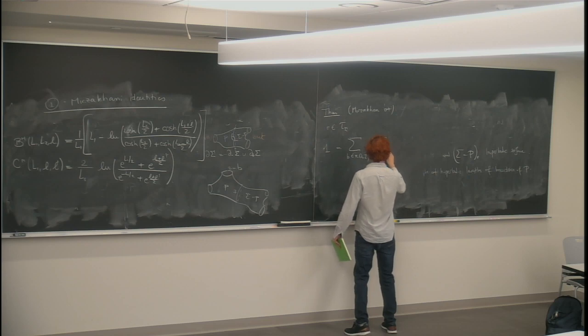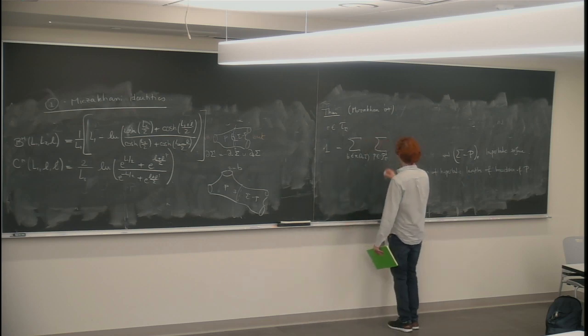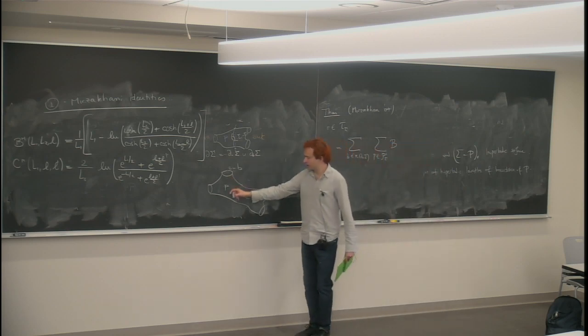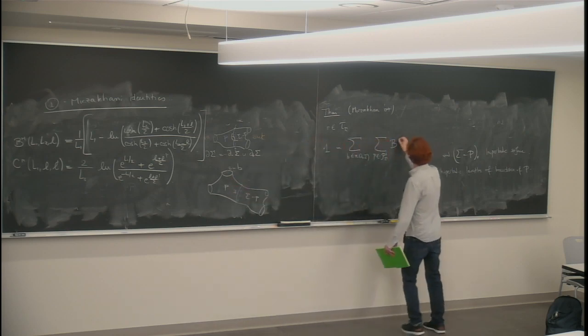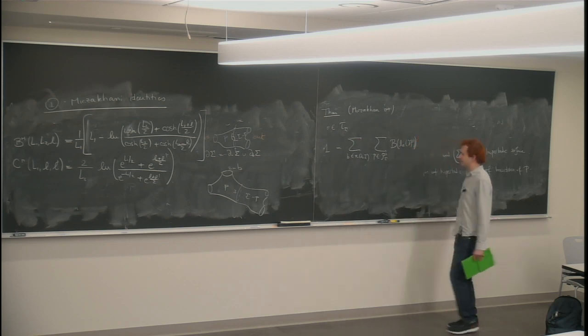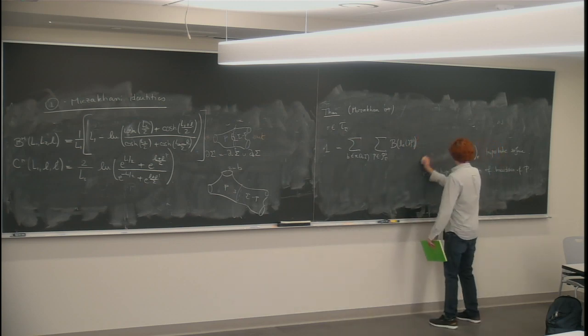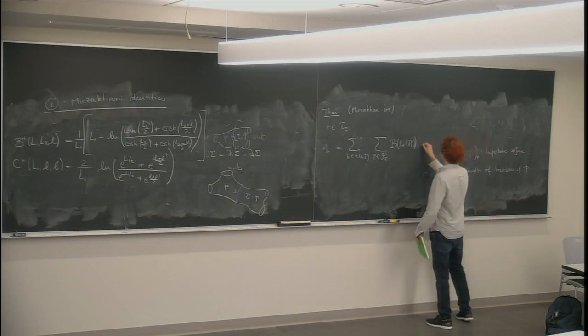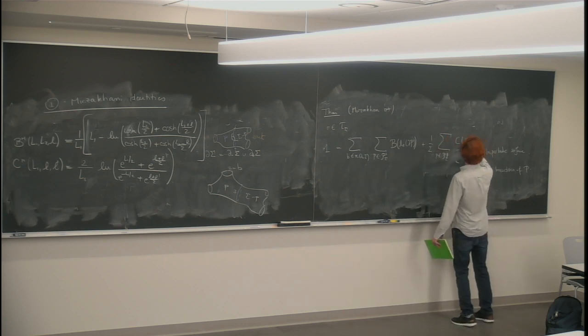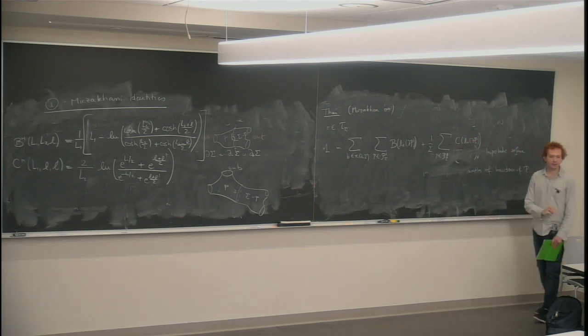I just sum over the different homotopy classes of pairs of pants I have. In this case, I will put a B here, evaluated on the triple of lengths of the pair of pants. And in the remaining cases, I'm putting 1/2 of C. And this is equal to 1.